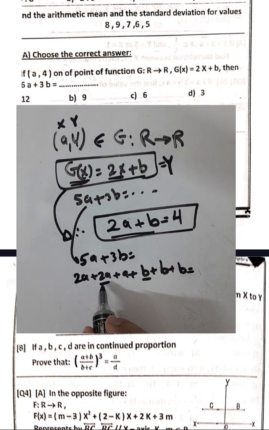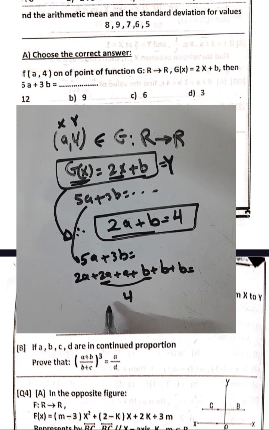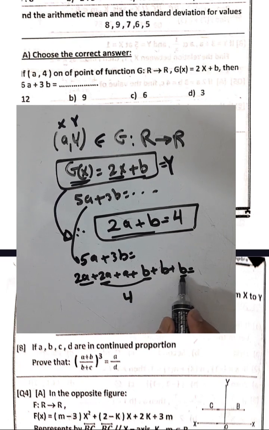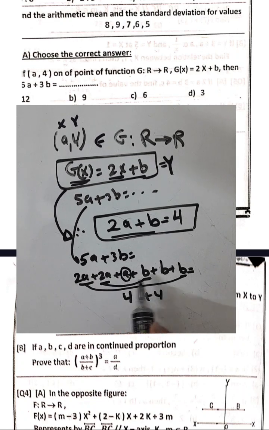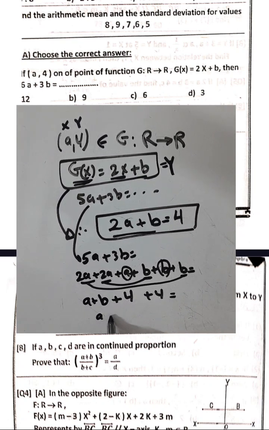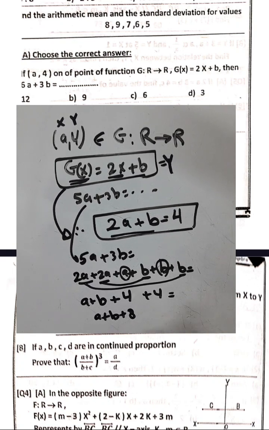Then the remainder is a plus b, plus 4 plus 4, we can write a plus b plus 8.